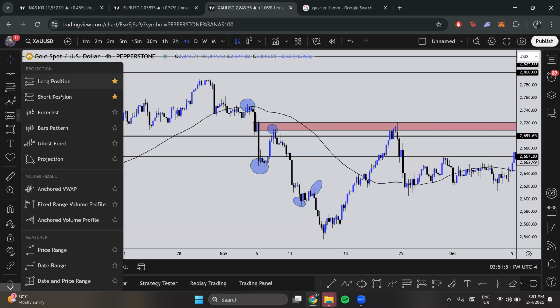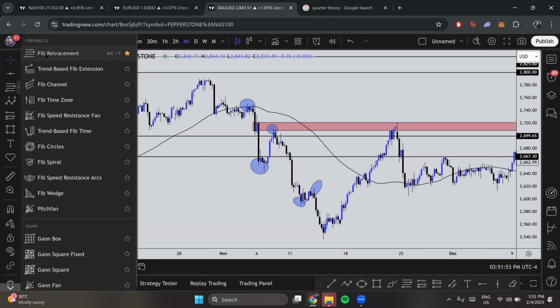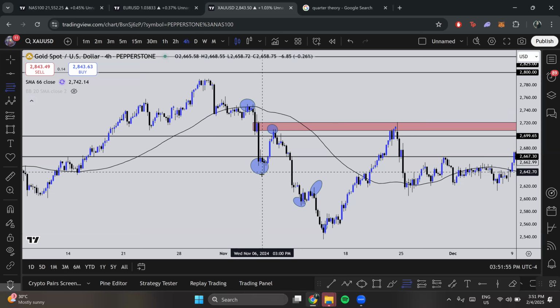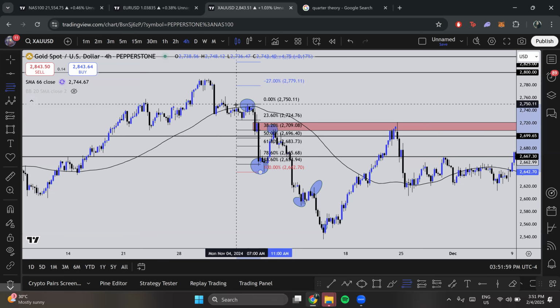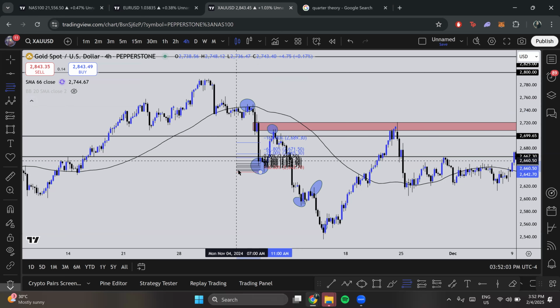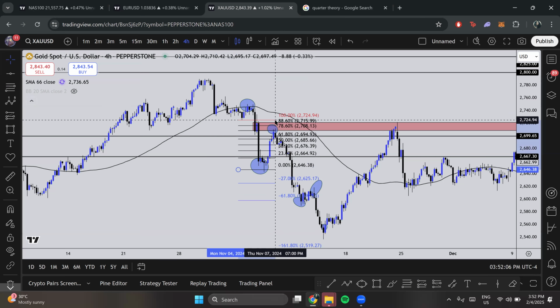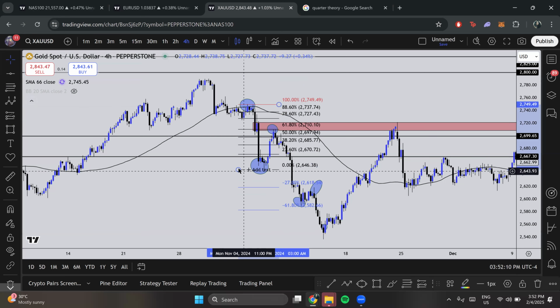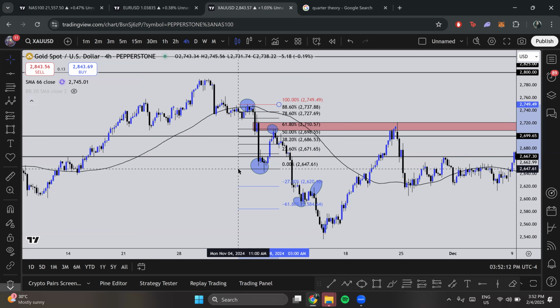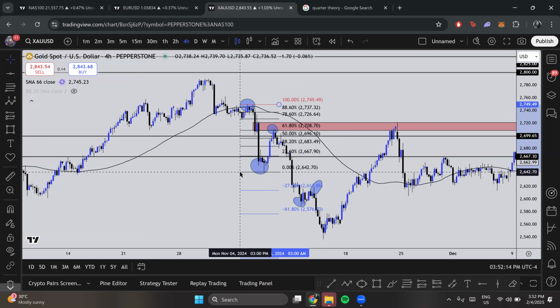So what I'm going to do is pull my fibs from low to high. Actually, I pulled this wrong, from high to low. So for the sells, you want the 0 below. And for the buys, you want the 0 on top. Because again, you're measuring the retracement up, so the numbers will get higher.